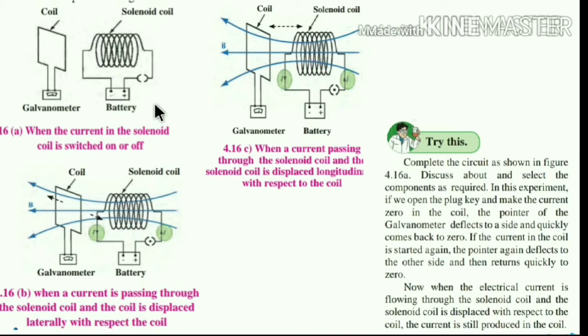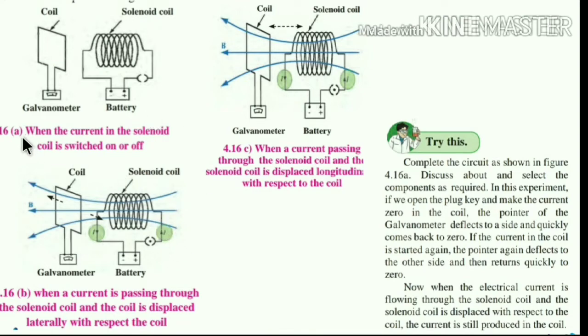To study electromagnetic induction, another experiment. For this experiment, we need a solenoid coil, a battery and a plug key. This is the coil, and it is joined to the galvanometer, and this is the arrangement of this experiment.